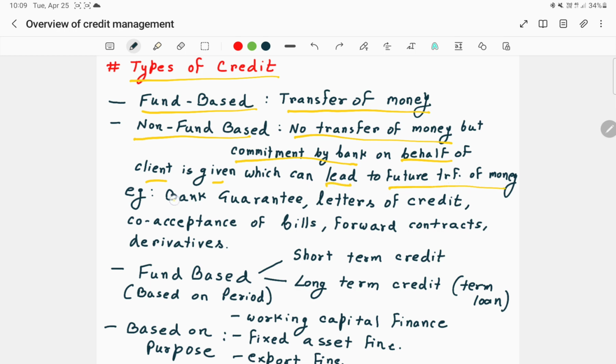For example, any bank guarantee or letter of credit or co-acceptance of bills or forward contracts or derivatives. These are all examples of non-fund based credit.